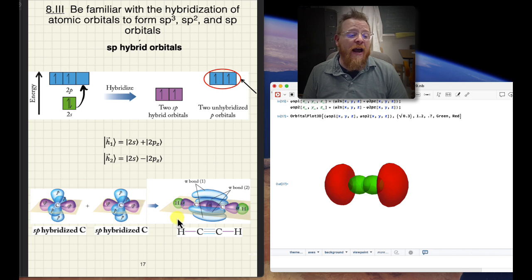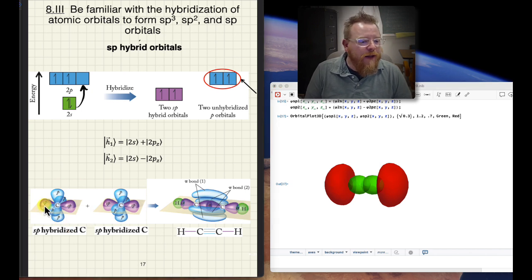And of course, we can now use this to describe an even more complicated molecule like acetylene, where we have only one electron in each of our sp orbitals, right? There they are. So we can overlap a hydrogen with these outer ones to make a sigma bond and a sigma bond. We can overlap our two carbons, the carbon-carbon sp, to make another sigma bond.